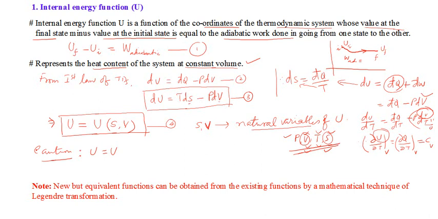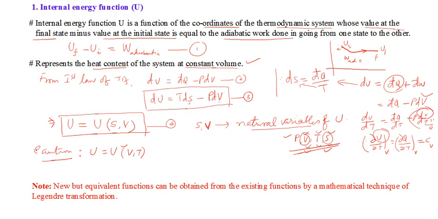Now, we will be getting information about other quantities from this, but you will have to perform some kind of integration. And once you write U as a function of V and T, then U will not be given the status of a thermodynamic potential.